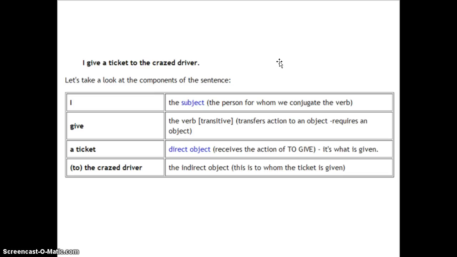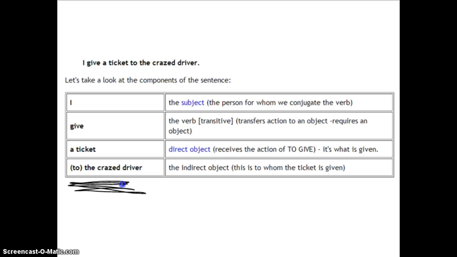Give is the verb, and we would use dar if we were saying it in Spanish. A ticket is what is being given, so it's the direct object. The direct object receives the action of the verb, and the action is give. Then we ask ourselves, to whom is the ticket being given? We're giving it to the crazed driver, so the crazed driver is our indirect object.